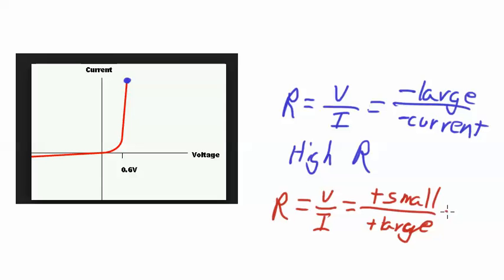So that is a small divided by large, which is a small resistance. This one is also negative divided by negative, and so it's a positive resistance there. So the diode has this peculiar effect where it has a high resistance with reverse voltage, with a negative bias, and a low resistance with a positive bias.